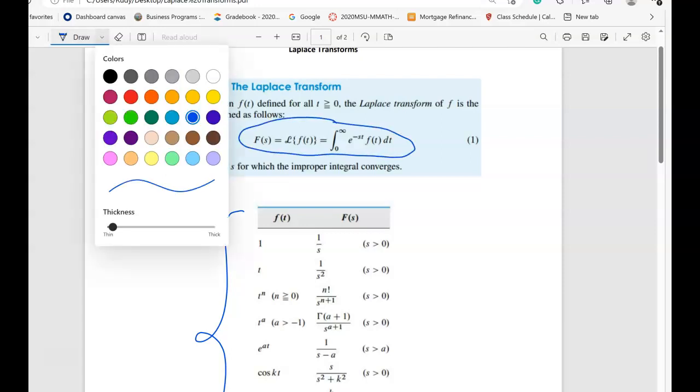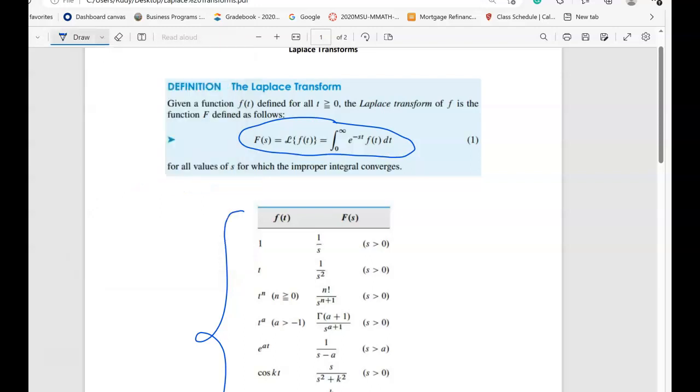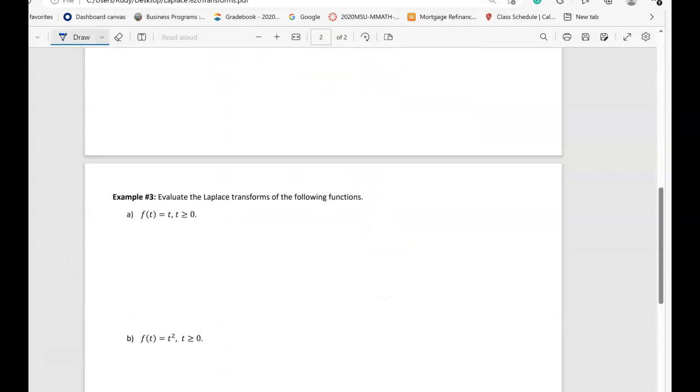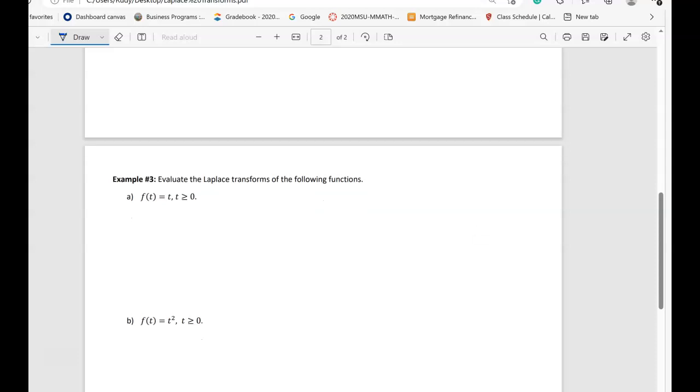So for instance, if they want us to evaluate for part A, the Laplace transform of f of t. So in this case, we're just going to say that the Laplace transform of f of t is equal to the Laplace transform of the values of t.